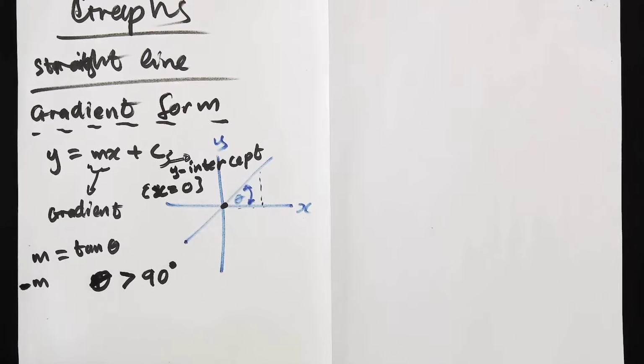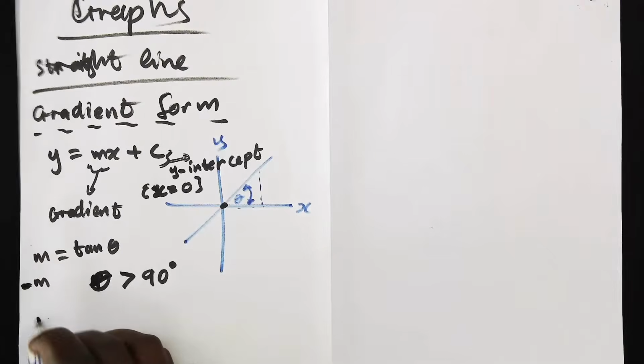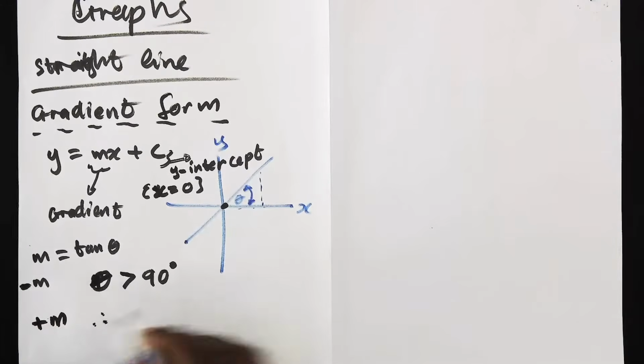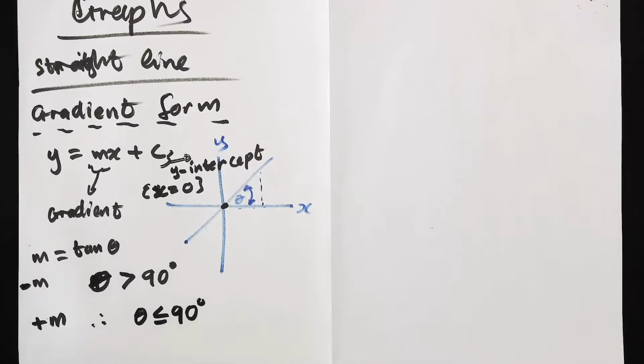If the angle of inclination is greater than 90 degrees, therefore the gradient is negative. But if we have a positive gradient, it means theta is either less than or equal to 90 degrees. So that is theta then.